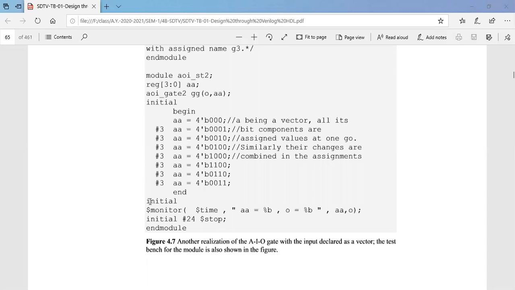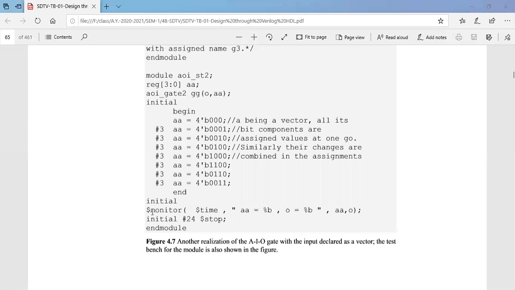For that we write initial. From the initial onwards, you have to monitor it. If you use a dollar symbol, it is to invoke the tool, that is, you are saying something to the tool while you simulate.